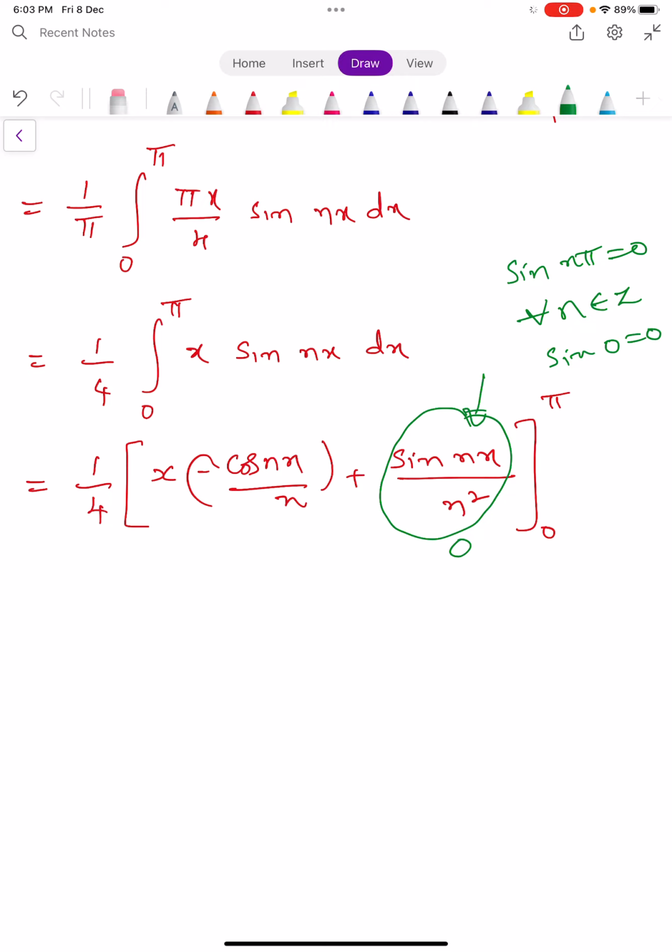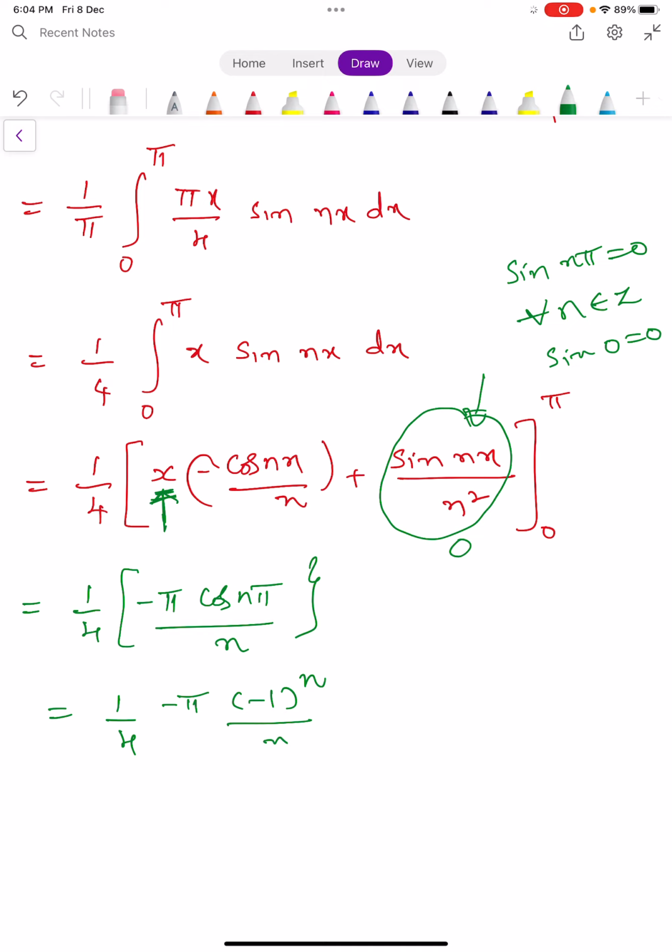We get the first term, which is 1 by 4 into minus pi cos n pi by n. If you substitute the lower limit x equal to 0, the first term is also 0. So simply 1 by 4 into minus pi into minus 1 power n by n. You can write like this, pi by 4n.